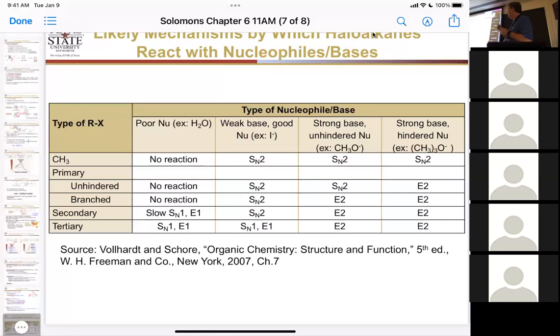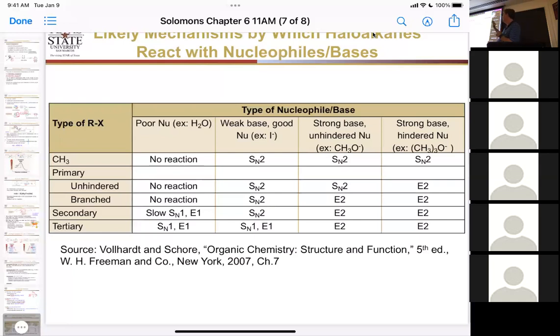Now, if we have a primary and it's unhindered, then it can do an SN2 reaction. But if it starts to get crowded, it starts to have more of those beta hydrogens available, it does an E2. And then the secondaries and tertiaries always do E2 when you have a strong, small base.